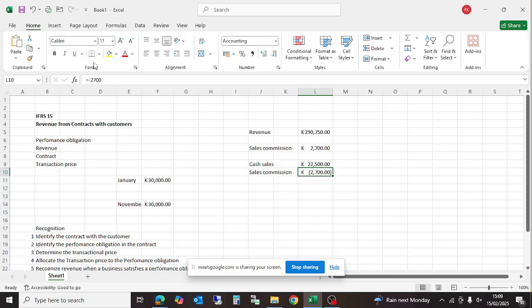We'll remove our sales commission, so our total will be 19,800 as our net cash sales.